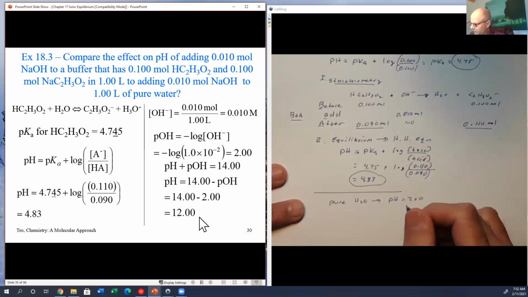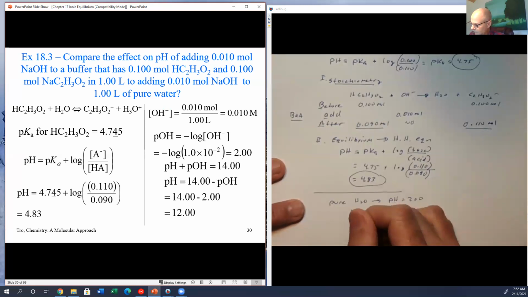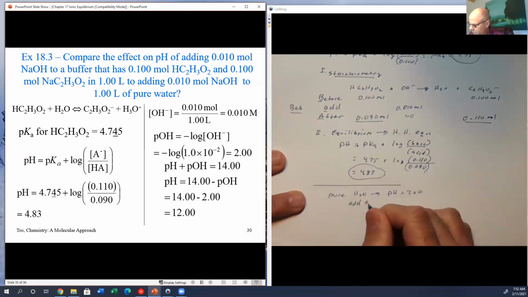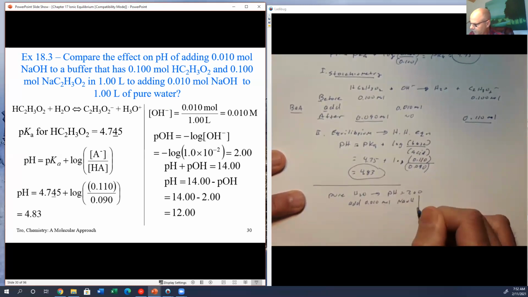So when we add 0.010 moles of NaOH, the pH jumps from 7 to 12, 5 pH units.